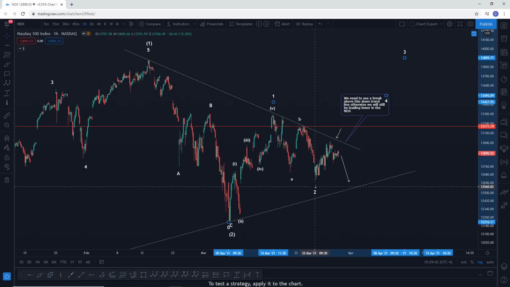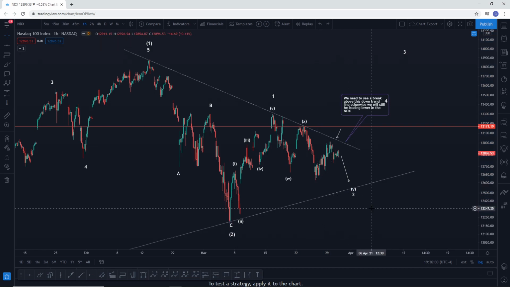And this was our alternate count in that if the yields were going to push lower or retreat from their highs, that this was wave one, down in two, which was something we were expecting, and then we were going to push higher. But what ended up happening was that yields kept on going higher as we expected, and this is the count that I'm favoring now. So in a complex correction, right?